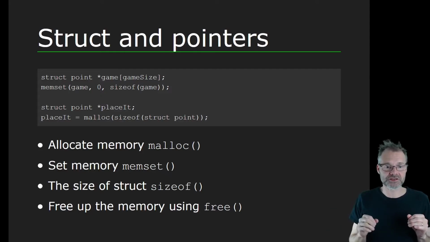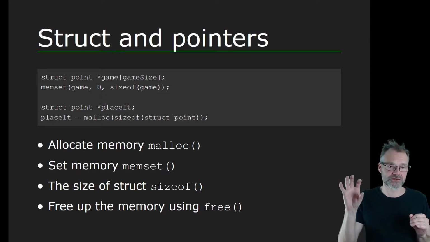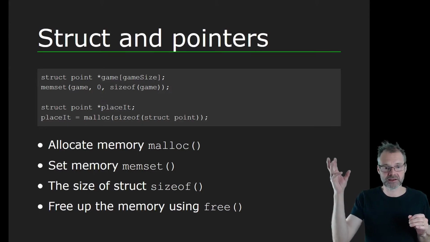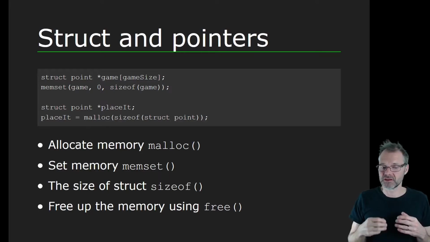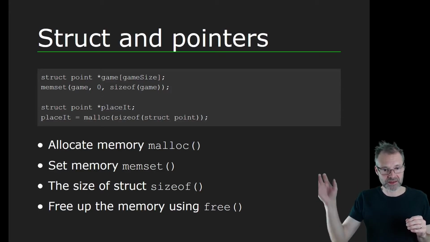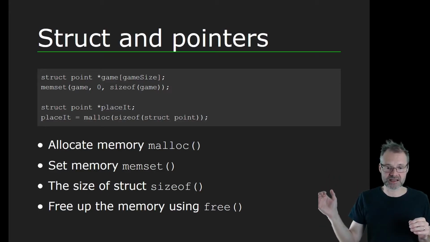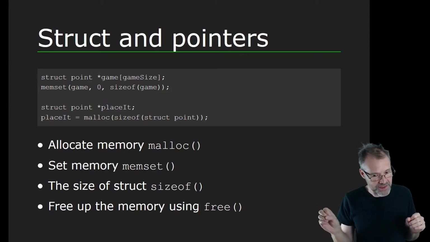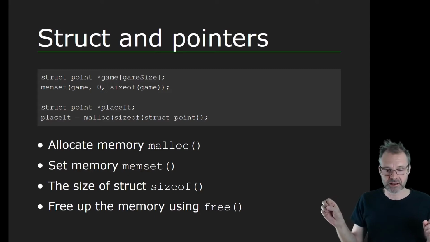We saw how we used struct point star, calling it place it. So each new draw was created by a new malloc that allocated the size of a struct point, and then we just added it to the game array. So we have malloc, memset, sizeof, and we should also mention the free function here.